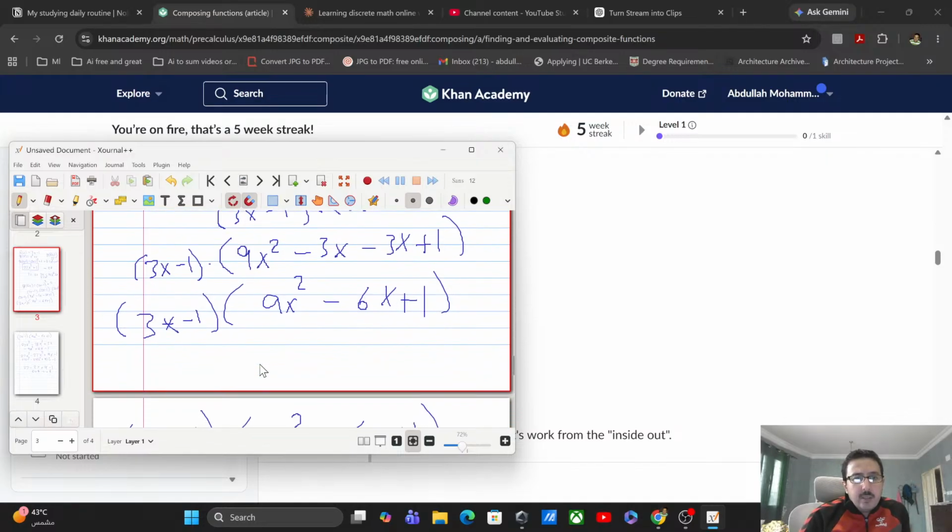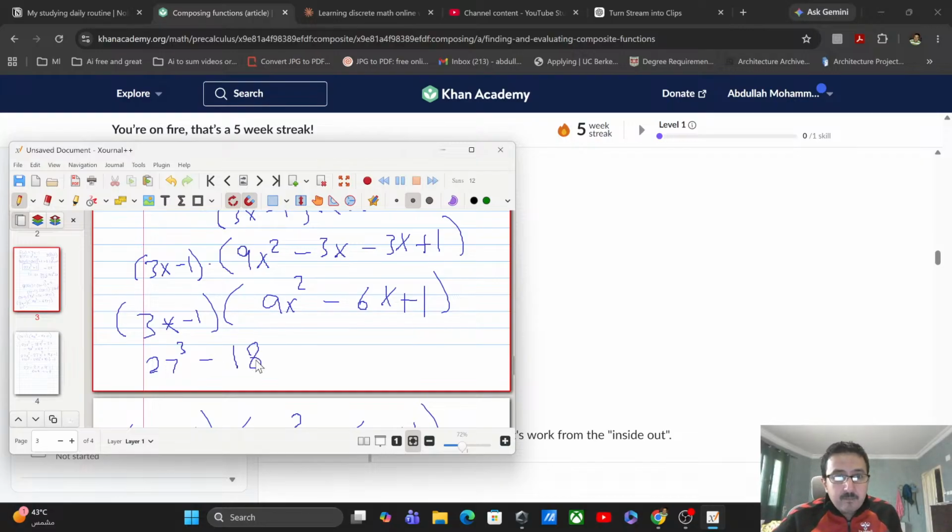You get 3x, 9x, that's 27. That's a 27 square. 3x and minus 6. It's a minus. We multiply it by 6. It's 18.